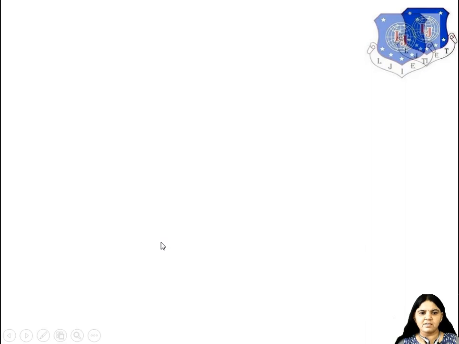So this way we can also do it for the SSB. So: double sideband, single sideband and VSB. Double sideband consists of two sidebands, lower sideband and upper sideband.